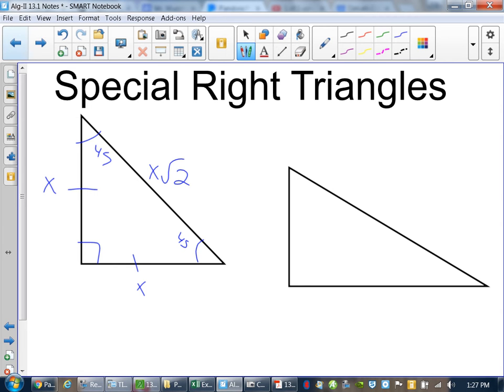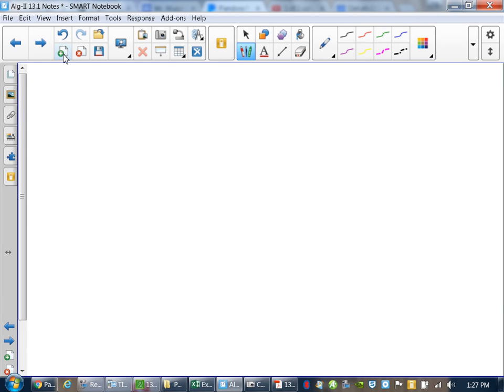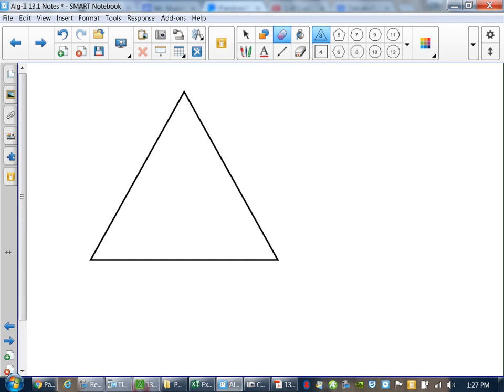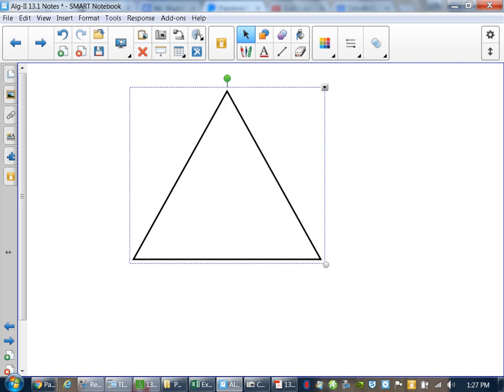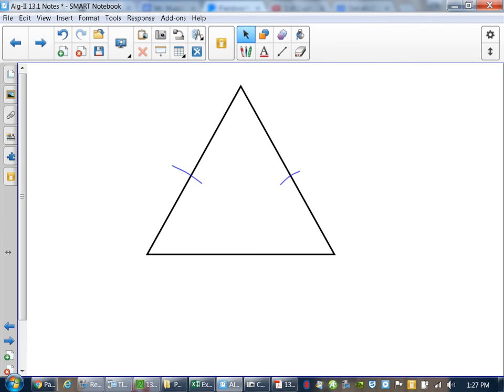If this is an equilateral triangle, what do you know about all the sides? All the same. What do you know about all the angles?